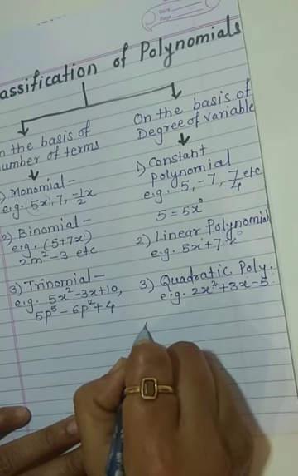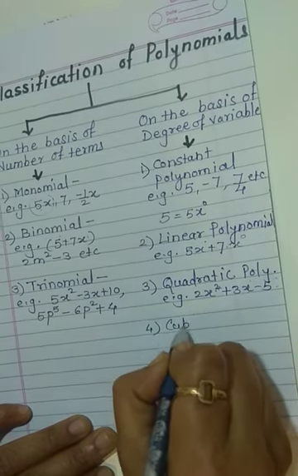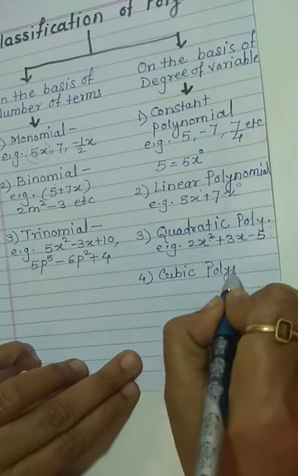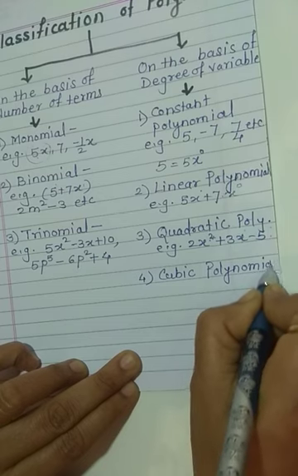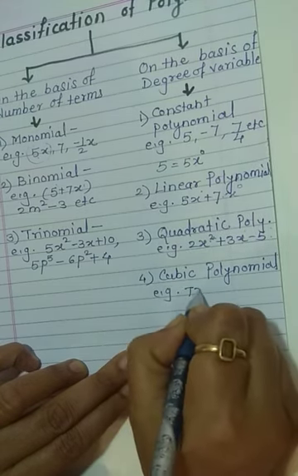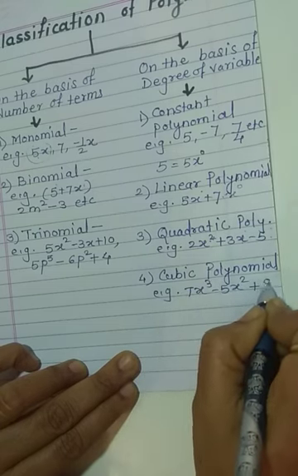Now the next type is cubic polynomial. Now example here, that is 7x cubed minus 5x squared plus 9.